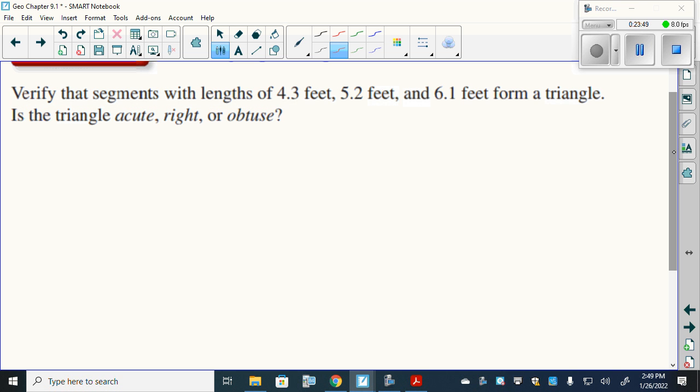So if we look at this here, verify that the segments with lengths 4.3, 5.2, and 6.1 feet form a triangle, and then determine if the triangle is acute, right, or obtuse. The way that we determine if it's a triangle is, if we take the two smaller lengths and add them together, and they're bigger than the third side length, then it is a triangle. Here, 4.3 plus 5.2 is going to be 9.5.